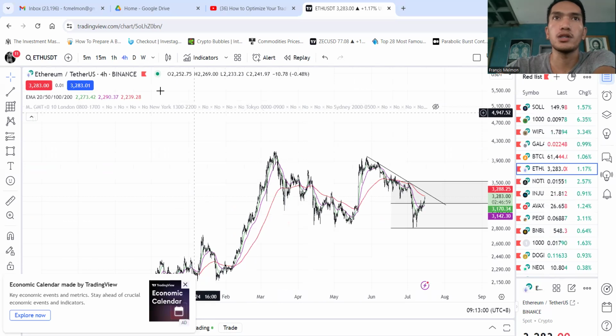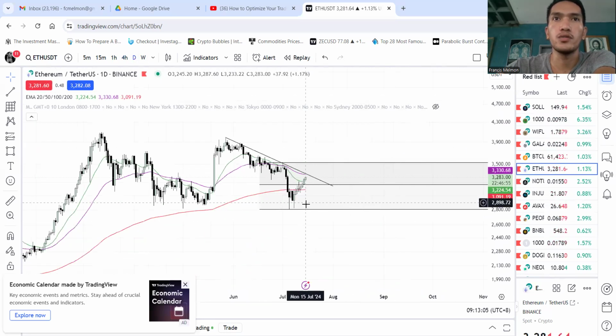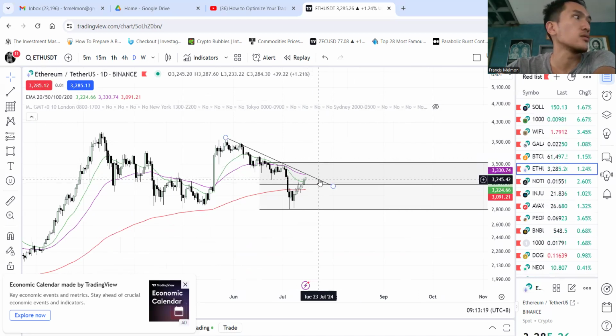For ETH, as you can see, we have a good consolidation. We have a bounce from the EMA 200. So if this one breaks this structure in this area, we might have another leg down to have a support on this trend line.